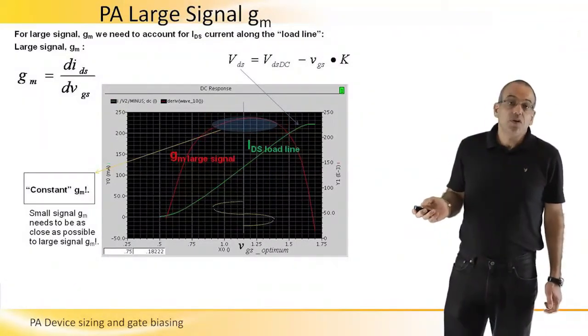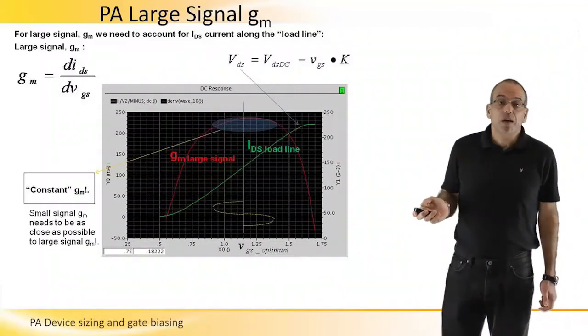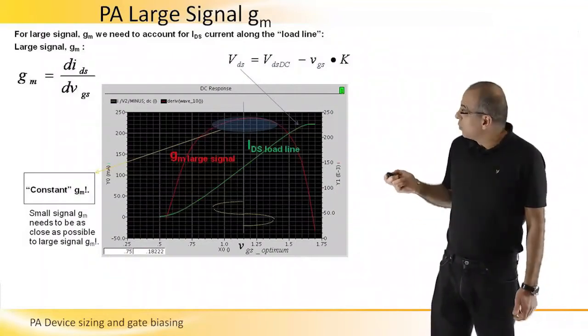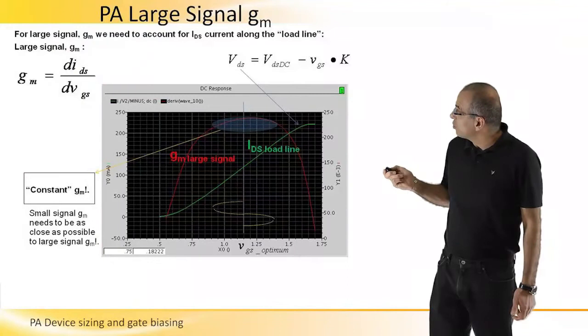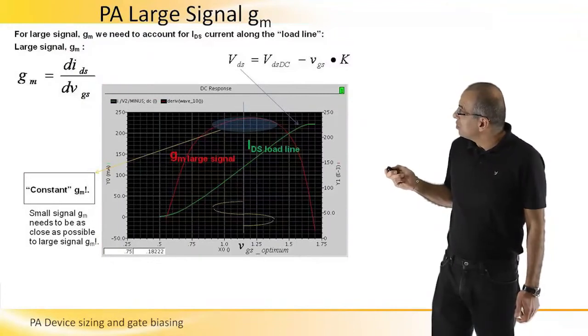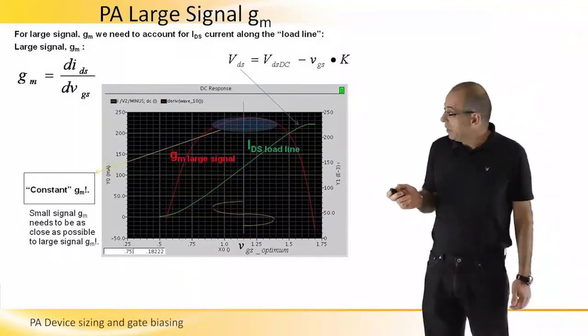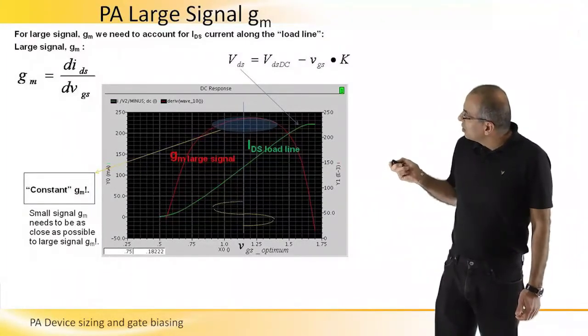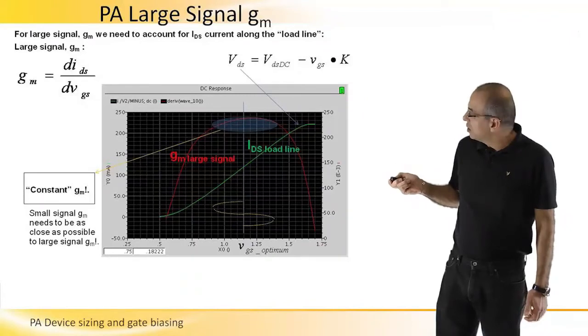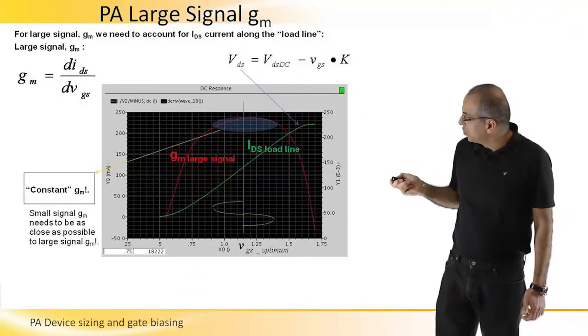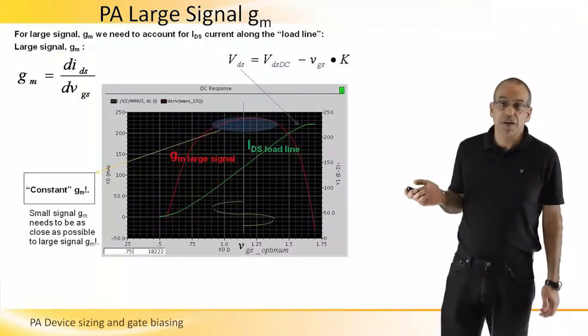Of course, if we want to have a linear amplifier, we want the small signal GM or the small signal gain to be very close to the large signal gain. And this is possible in some range of the VGS, the input voltage to the amplifier.